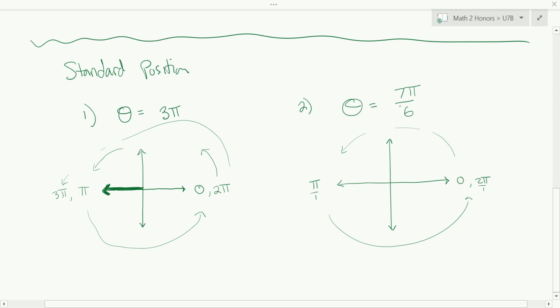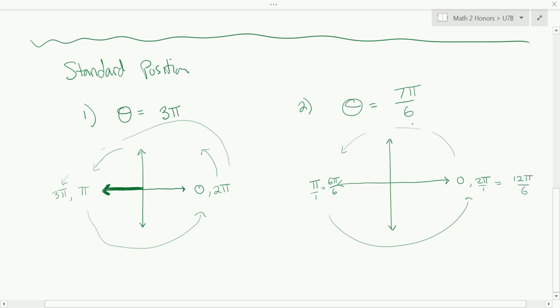This is a denominator of 6, so I'm going to multiply top and bottom by 6 and write 6 pi over 6 here. And now I can compare it with 7 pi over 6 and say, okay, I've gone more than a half a circle, because a half a circle would be 6 pi over 6. So 7 pi over 6 is going to be in quadrant 3 or quadrant 4. 2 pi, if I make that a fraction over 6, would be 12 pi over 6.